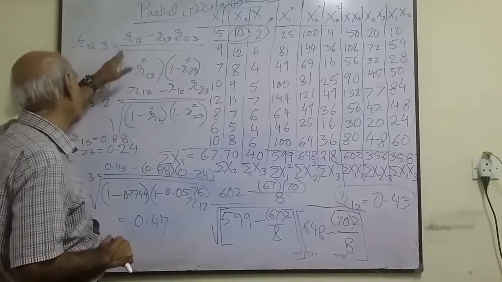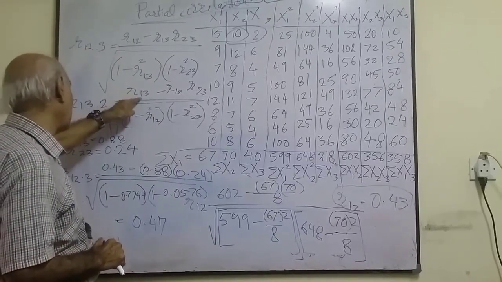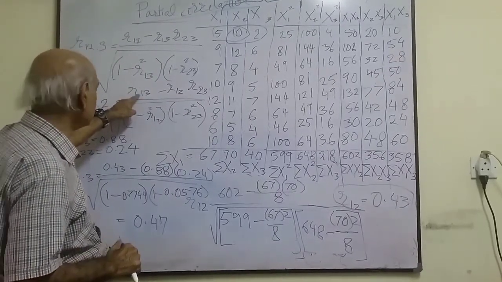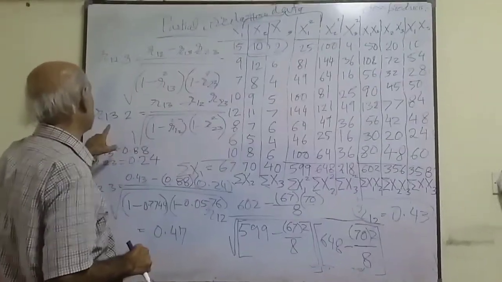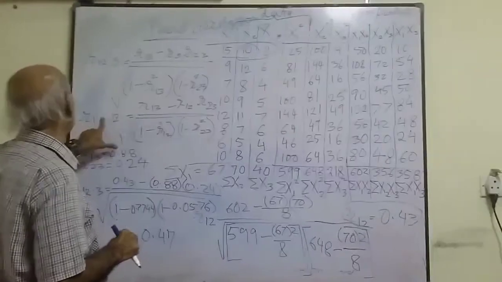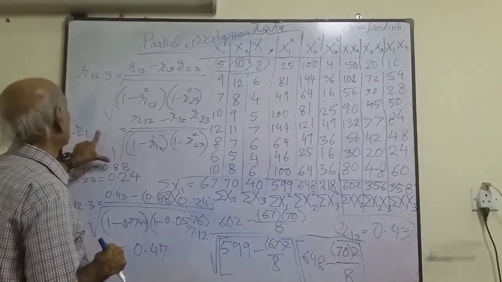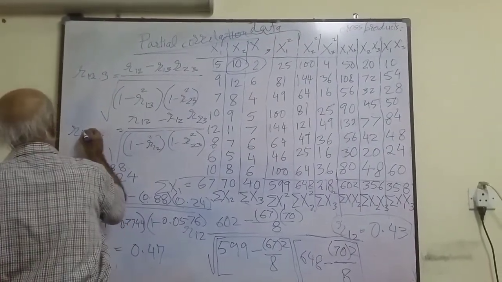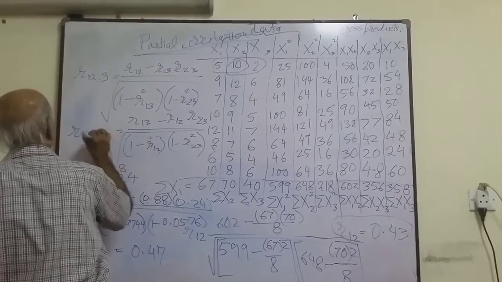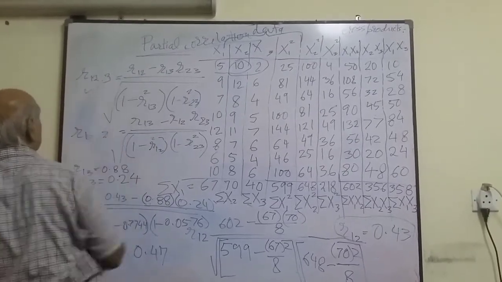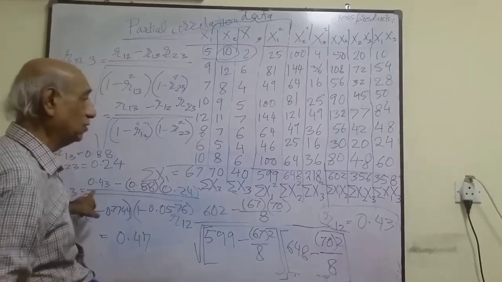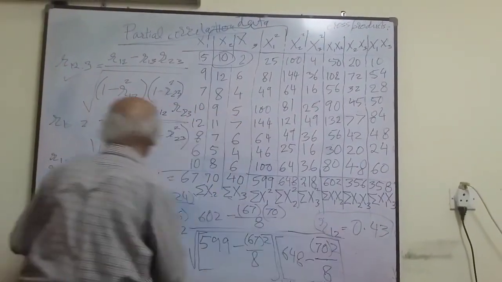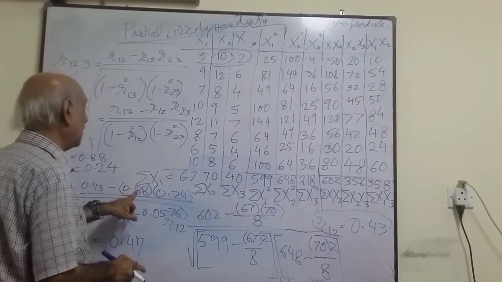Right? So this is the formula. Put the value of R13. Sorry, this should be R12. Okay, R13. This is the formula that we are using. R12, the value is 0.43.